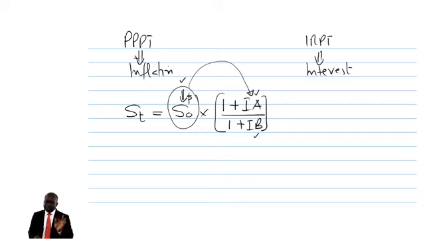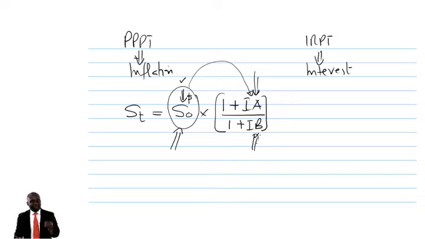So the simplest way is: whatever currency you are putting here as the spot rate, that country's inflation should be on top, and the inflation of the other country goes at the bottom. That's it. The same formula applies to interest rate parity, which is used to calculate the forward rate.